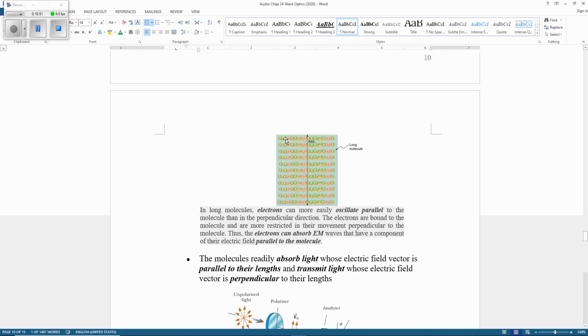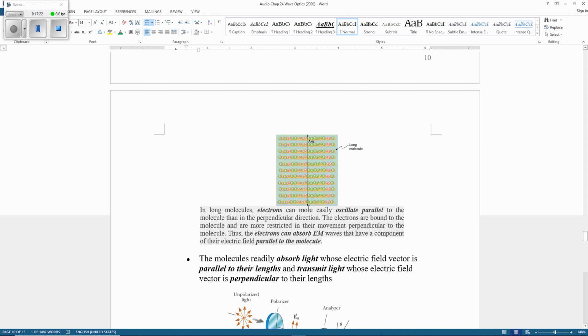So when the light goes this way, the electrons absorb energy. The electrons do not go that way, only horizontally. So if light comes in this direction, the electrons will not absorb energy. That's why this is the axis, perpendicular to these long molecules.